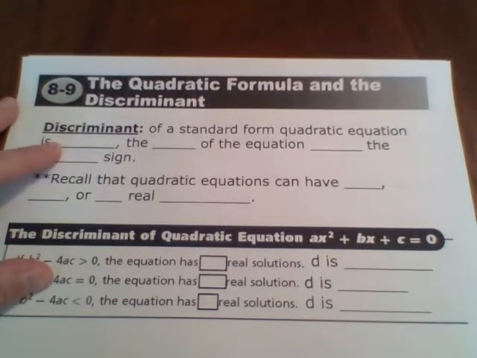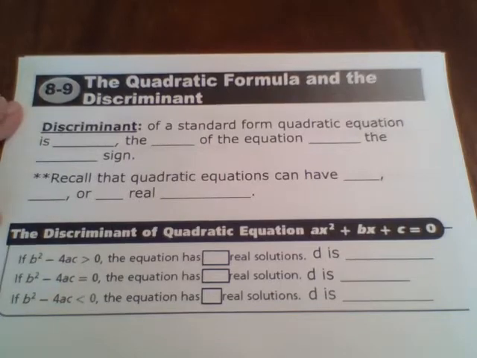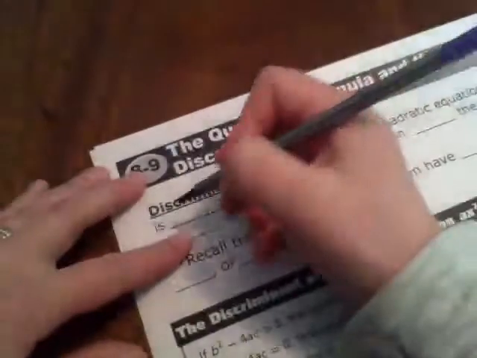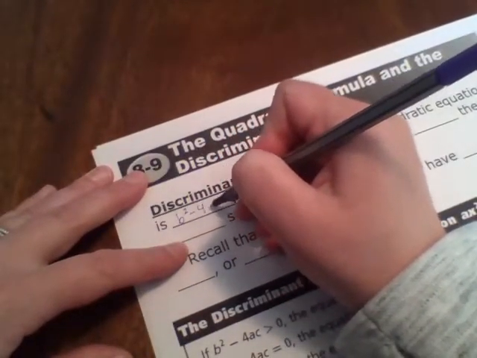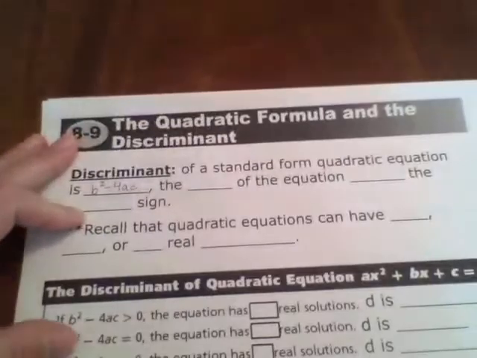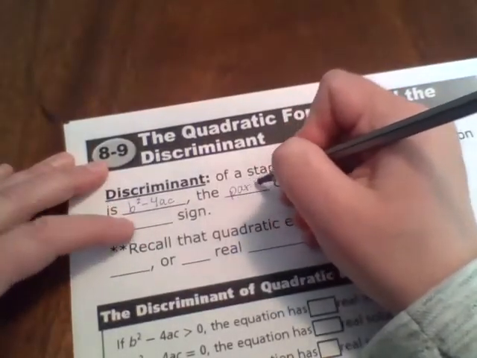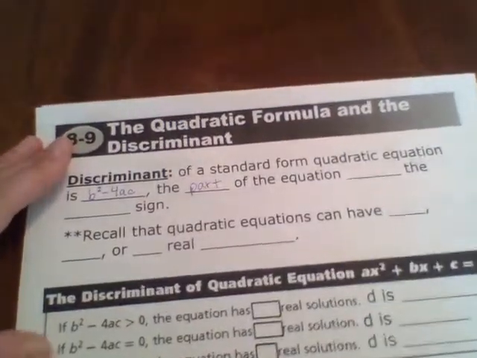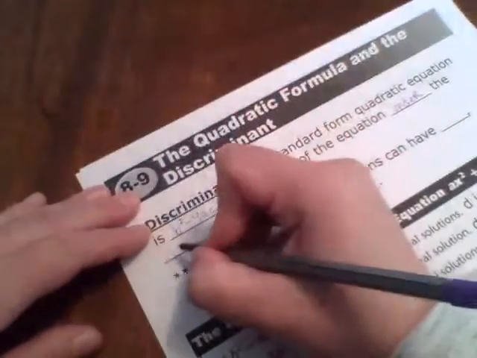So the discriminant of a standard form quadratic equation, so again, where the a is next to the x squared and the b is next to the x and so on, is that form that's under the square root, b squared minus 4ac. This is the part, again, of the equation under the radical sign.